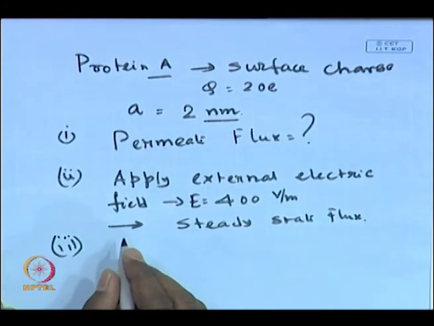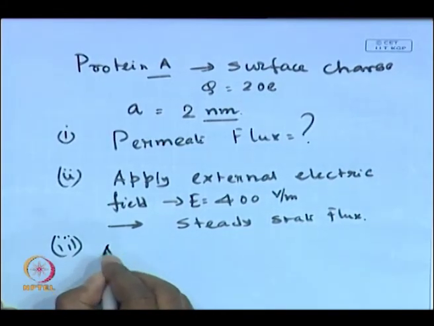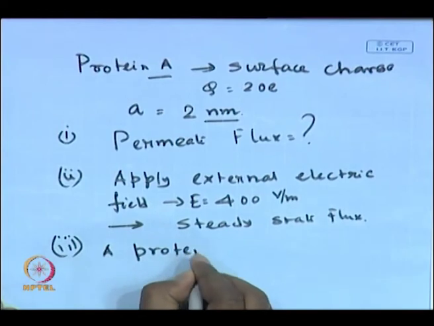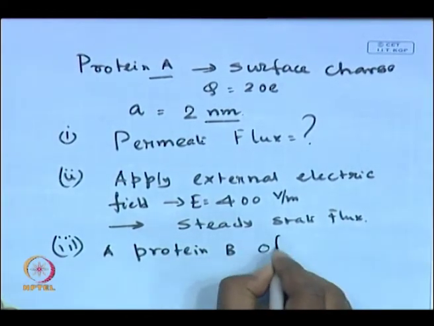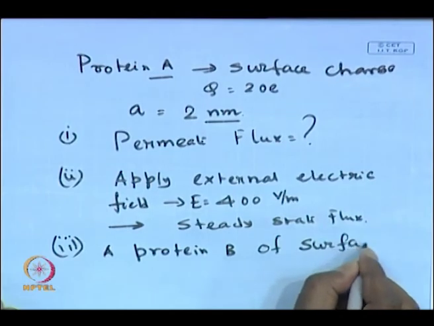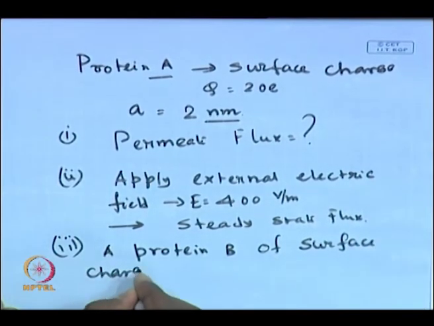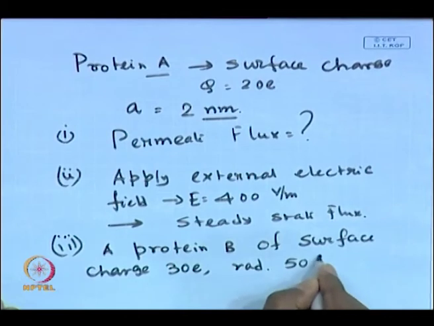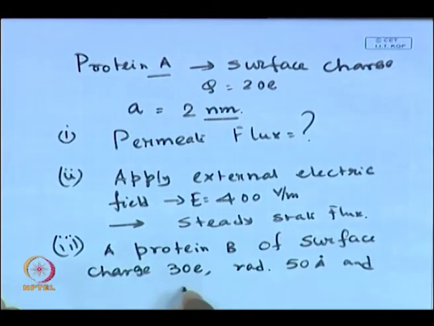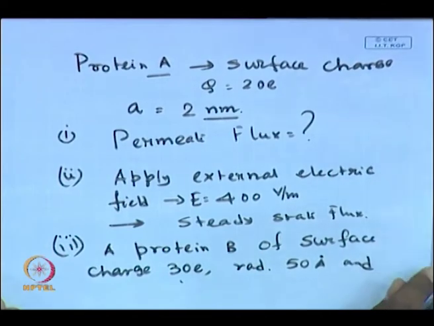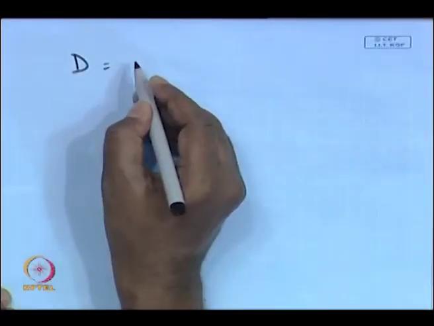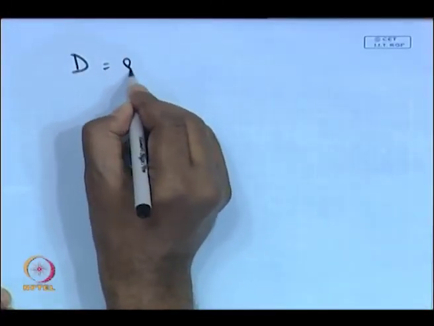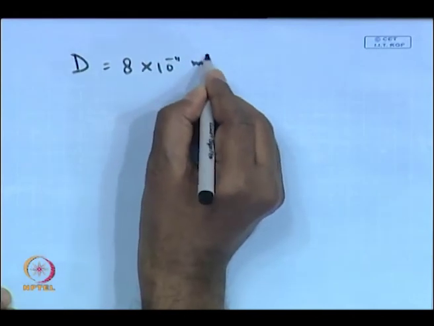Now, you use a protein B of surface charge 30 E, radius 50 angstrom and diffusivity, let us say protein B has a higher diffusivity, D is 8 into 10 to the power minus 11 meter square per second.